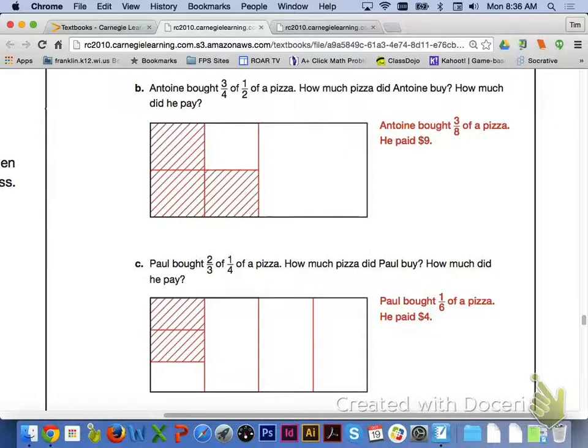For letter B, 3/4 of 1/2, Antoine is going to buy 3/8 of a pizza, and he is going to pay $9. For letter C, 2/3 of 1/4, Paul bought 1/6 of the pizza, and he is going to pay $4.